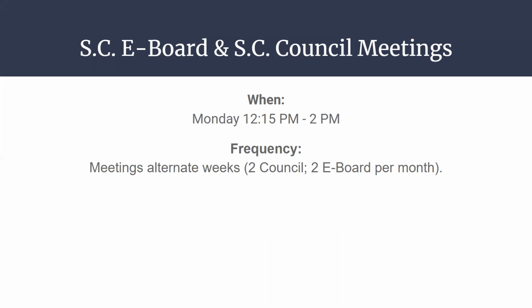So each month, on average, we should have 2 sports club council meetings, where you send your club representative, and 2 executive board officer meetings, where it is generally just the sports club council executive board per month. So if you send a council rep, they should be attending generally 2 meetings per month.